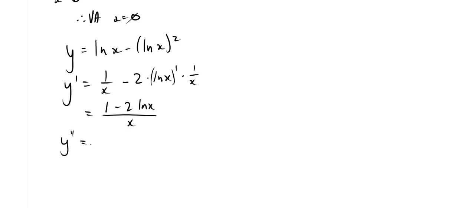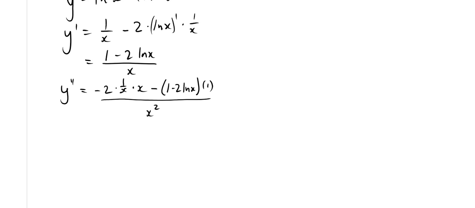And the second derivative starts to get a little bit nasty because I have to do quotient rule now. So the derivative of the top, the 1 is just a constant, so that's gone. So I get -2 times 1 over x, and then times the bottom, minus the top times the derivative of the bottom, which is just 1, all over the bottom squared, and I'm just going to clean this up a little bit.